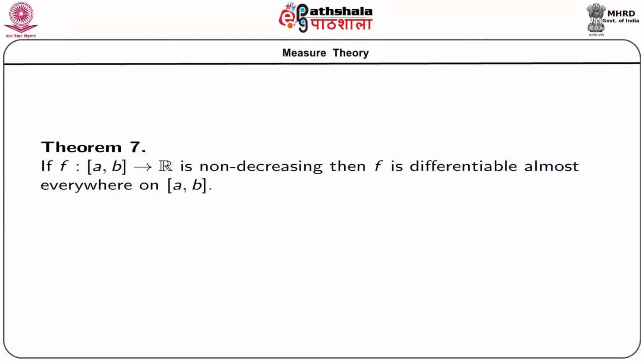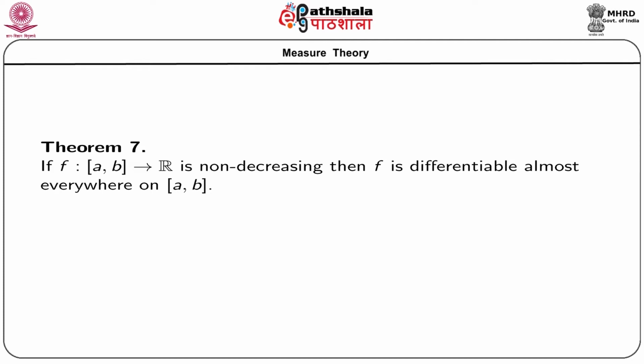So, we present one of the main results of chapter 7, and of course, the main result of this module which we are going to prove. The result states that if f is a non-decreasing real valued function on closed interval [a, b], then f is differentiable almost everywhere on closed interval [a, b].